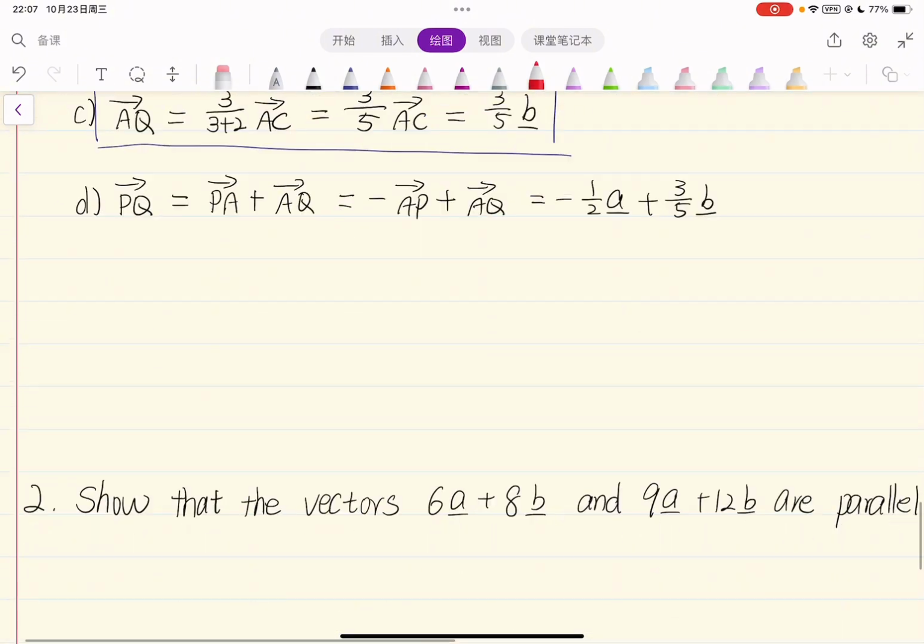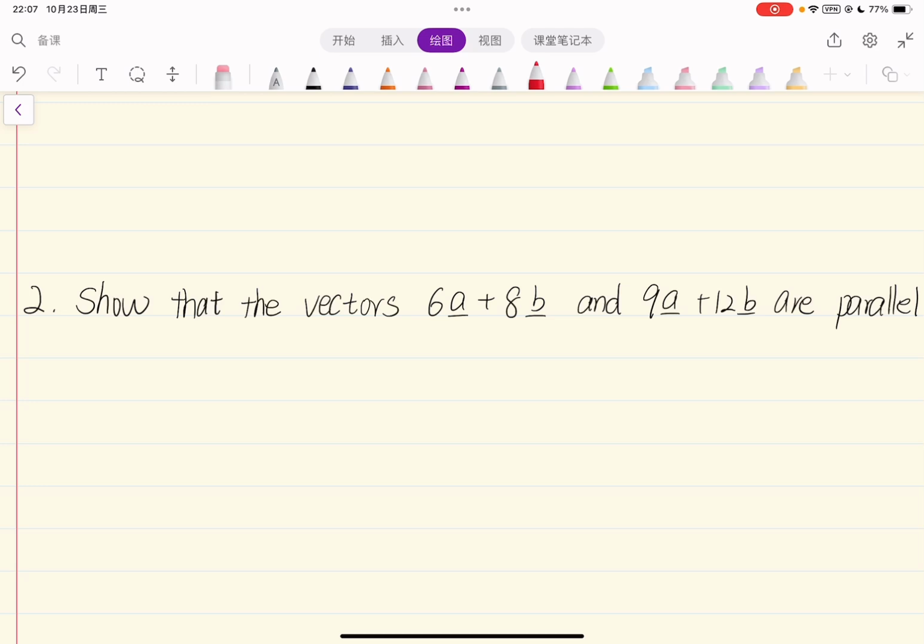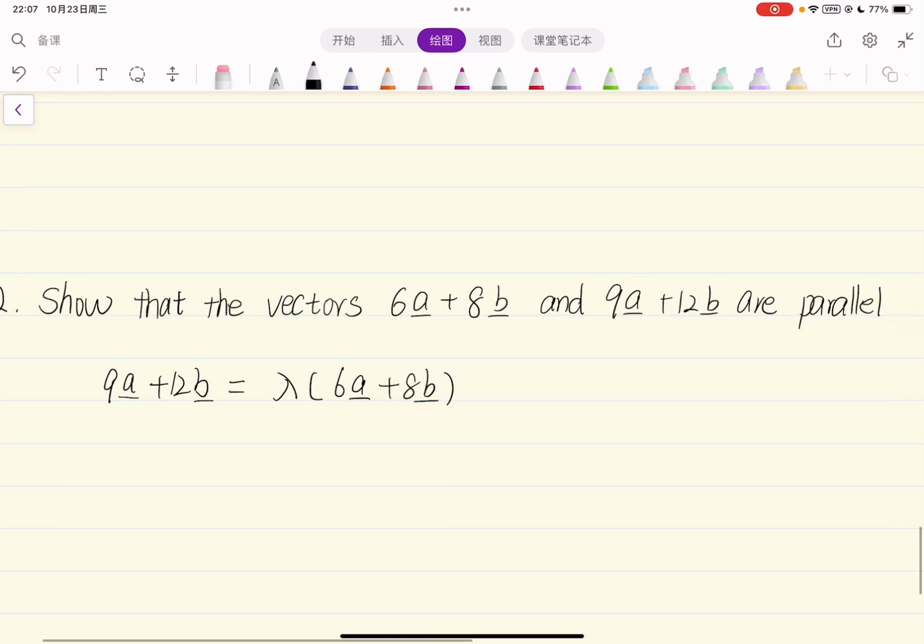Thus, we can write 9a plus 12b equals lambda times 6a plus 8b, if 6a plus 8b and 9a plus 12b are parallel.